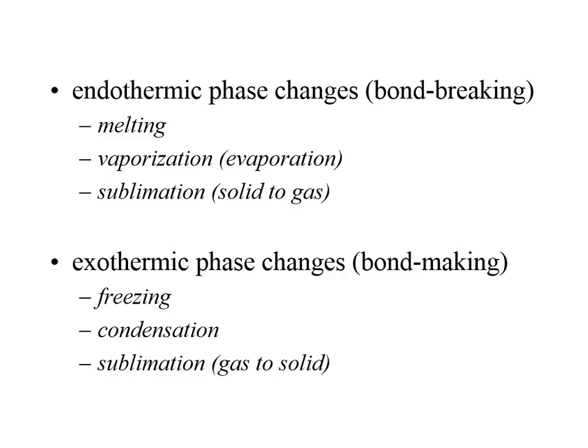Exothermic, again, to me, it's not as obvious because I don't think about drawing energy out of something to make it freeze, or drawing energy out of a gas to have it condense. But that's what's happening. Energy is released by those systems, by that matter, as they go through freezing or condensation, or I'm going to go ahead and change that sublimation to deposition.